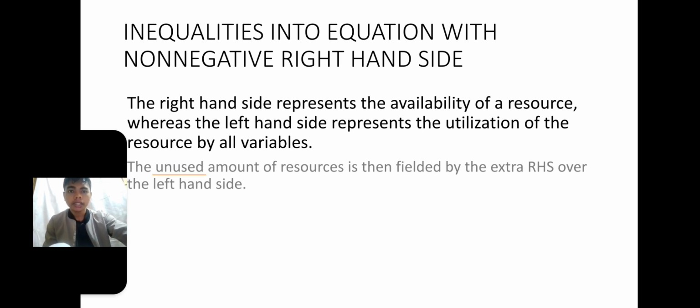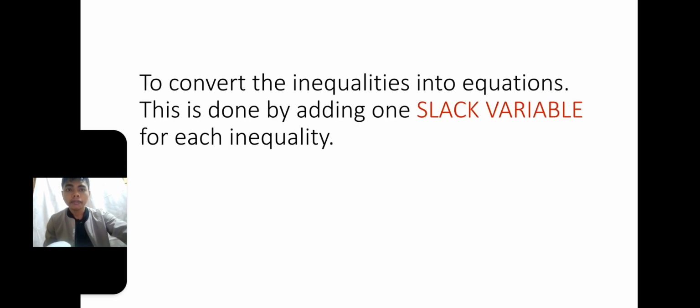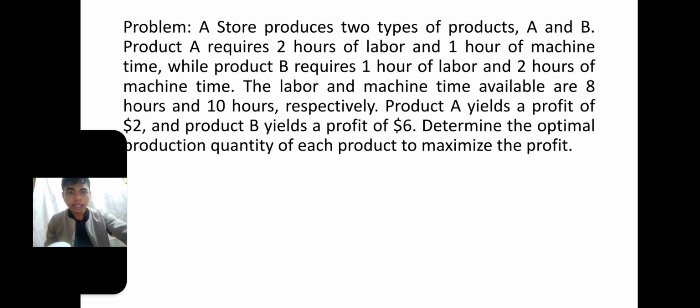When we say unused, it is a blank that has never been used, or we call it slack. To convert the inequalities into equations, this is done by adding one slack variable for each inequality.